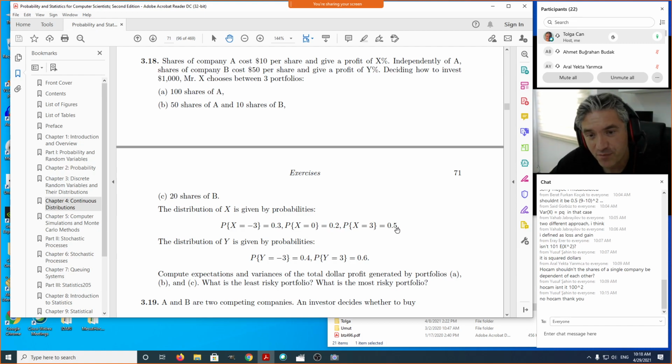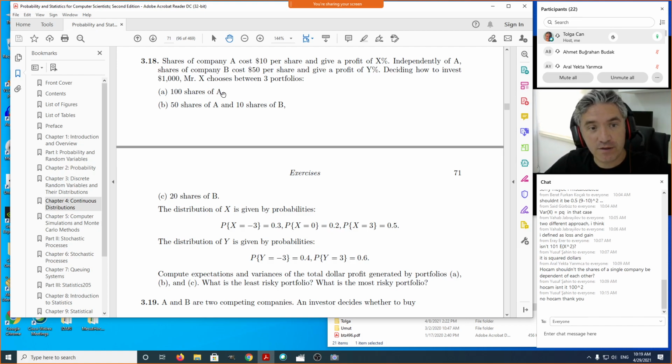So instead of defining your variable as the price that you're going to get, you can actually define your variables as your gains and losses. In that case, it will be easier. You're going to be centered around gain and loss. So you may want to choose your random variable. Let the random variable G denote your gain.